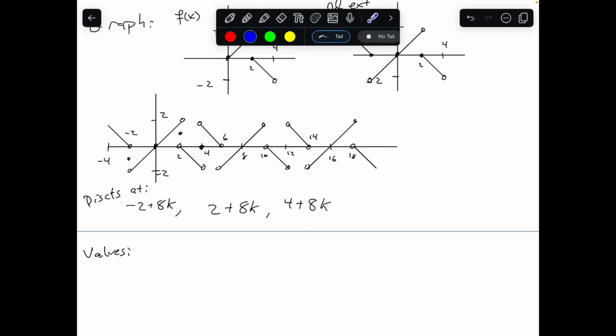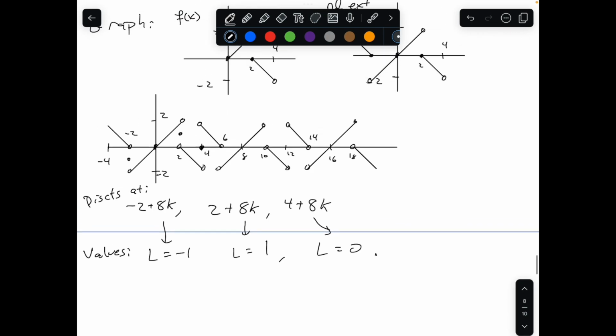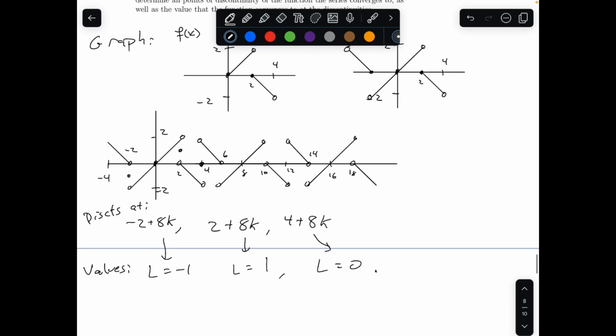At -2 plus 8k, halfway between 0 and -2 is -1. At 2 plus 8k, it's going to be halfway between 0 and +2, which is 1. And at 4 plus 8k, it's going to be halfway between 2 and -2, which is 0. So those would be the values of the discontinuities there.